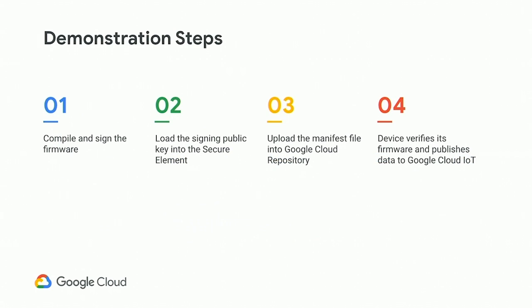We compiled the firmware, loaded the public key into the secure element, then uploaded the manifest file into the Google Cloud repository. And once all of that is done, it could be done at very large scale. It's obviously just one device here, but loading the public key is not something you would have to do one by one. We can do this for you in our production line at volume. Loading the manifest file loads all the devices at once. And then finally, when the secure element and the Google Cloud CSDK come together, they work together to connect to the cloud very easily.